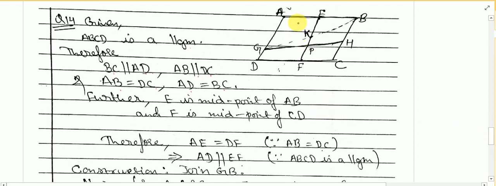So now as it's saying that E is the midpoint of AB and F is the midpoint of DC, and you also know that AB is equal to DC, therefore AE will be equal to DF. Okay, and therefore this whole line from here till here, this FE will become parallel to AD.